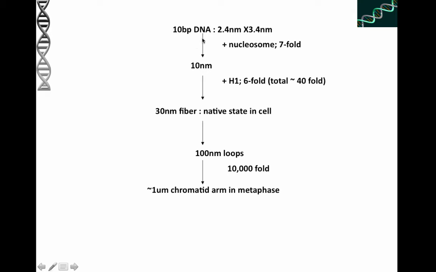So it will form a 10 nanometer bead on a string structure, and then a 30 nanometer fiber structure, which is normally found in the native state of the cell, and then a 100 nanometer loop structure, which is a much more condensed structure, mostly in heterochromatin, and later goes much further in chromosome condensation, about a 10,000 fold increase.